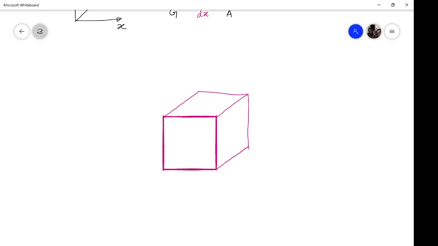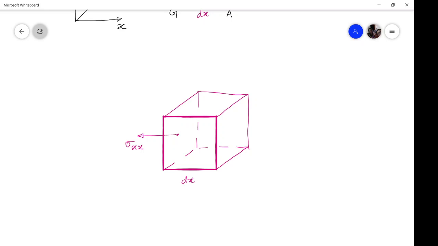So this is the element. Now let us say that the stress is sigma xx on the negative face in the negative direction.